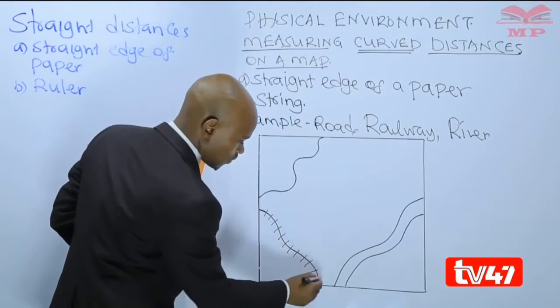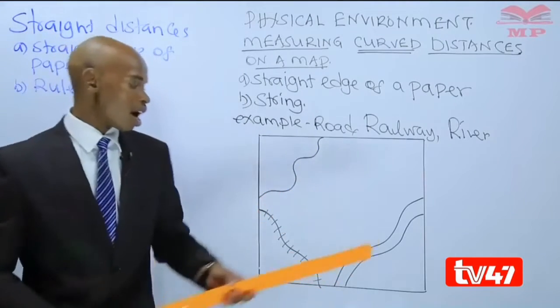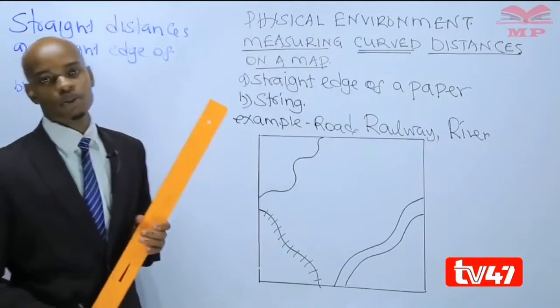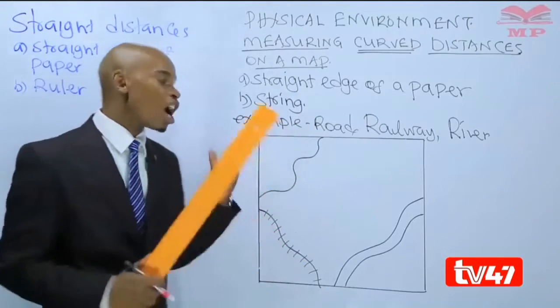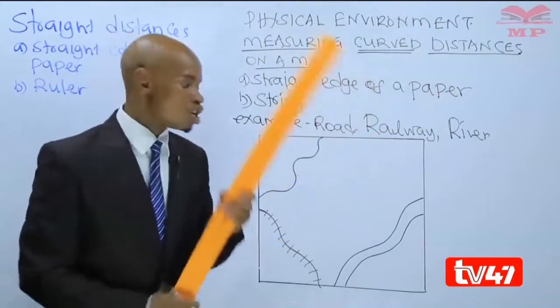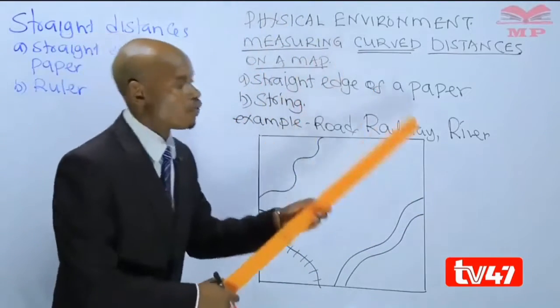These can be very good examples. These three examples will give you a perfect image of how you are supposed to measure curved distances on a map using a straight edge of a paper.